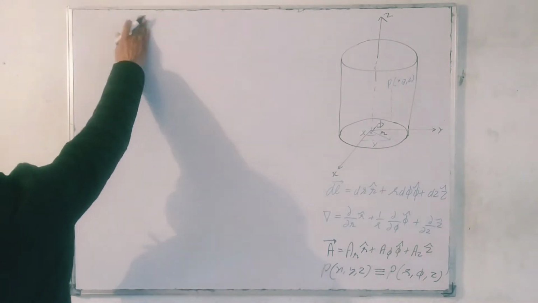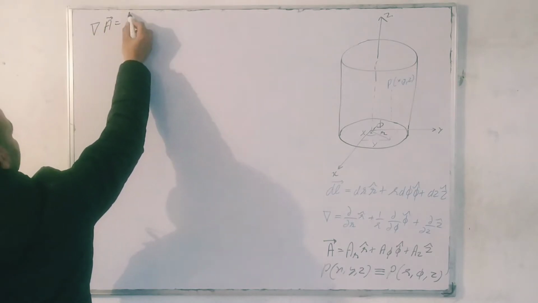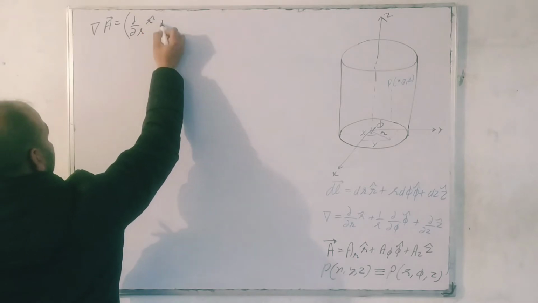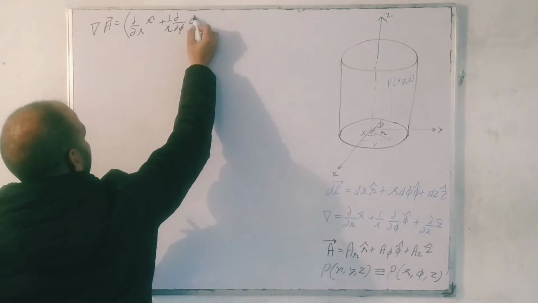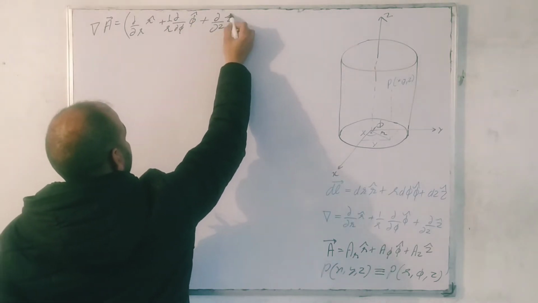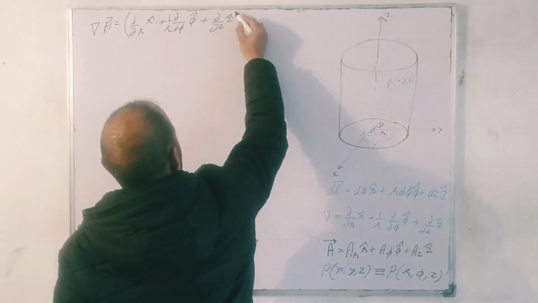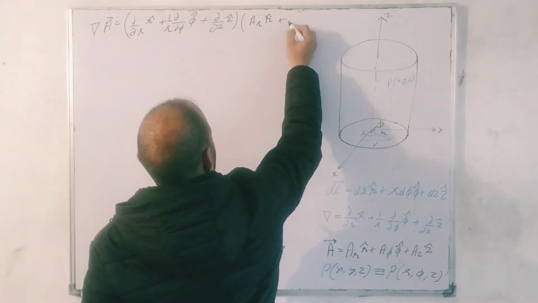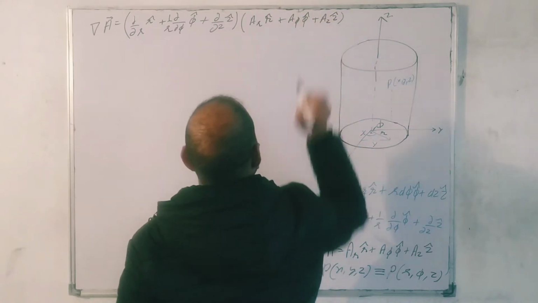So divergence of A is equal to curly upon curly R, R cap, plus 1 upon R curly upon curly phi, phi cap, plus curly upon curly z, z cap. Then next is the vector, which is AR R cap, A phi phi cap, AZ z cap.